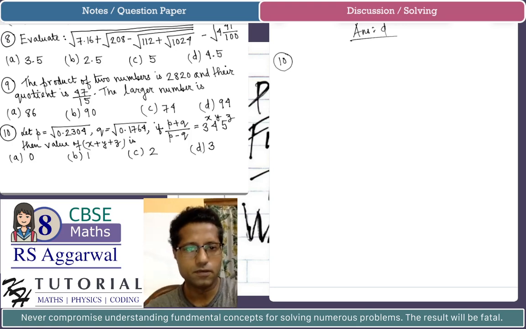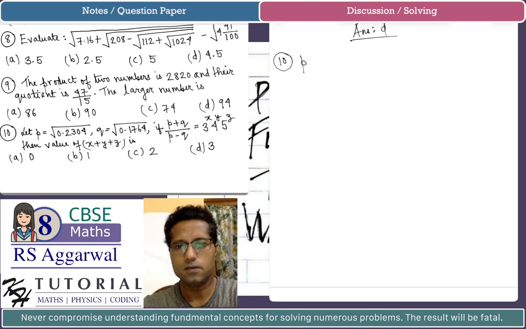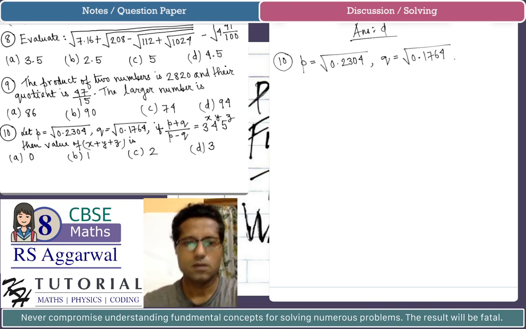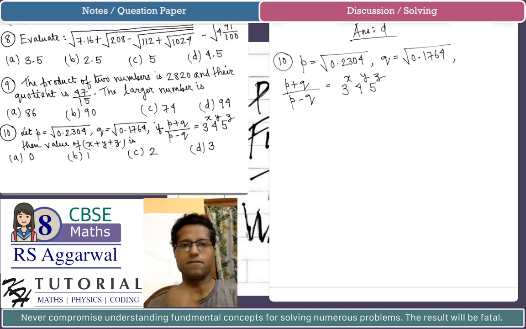P is given to be the square root of 0.2304, and Q is given as the square root of 0.1764, and it is given that (P plus Q) divided by (P minus Q) is equal to 3 to the power x multiplied by 4 to the power y multiplied by 5 to the power z, then the value of x plus y plus z. Okay.